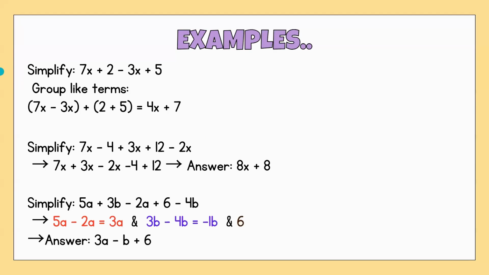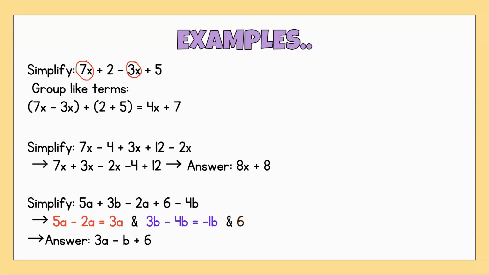So here we have 7x plus 2 minus 3x plus 5. What are some like terms here? We have 7x here and 3x as like terms. So 7x minus 3x.